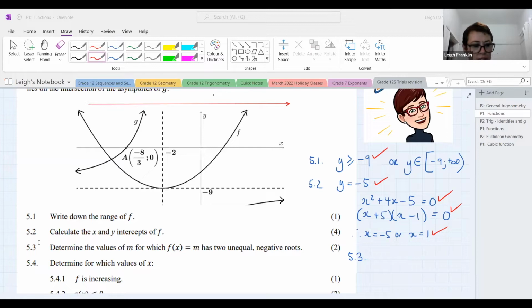Okay, so the question is there on the screen, Carlos. It's question 5.3. It's this one over here. Can you see it? So determine the values of m for which f of x equals m has two unequal negative roots.